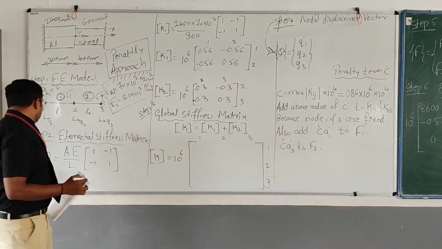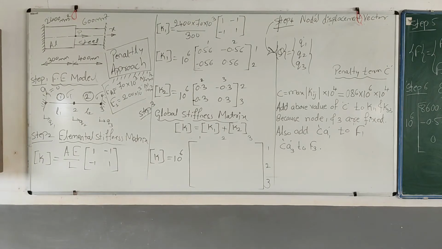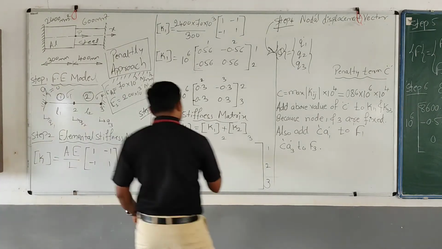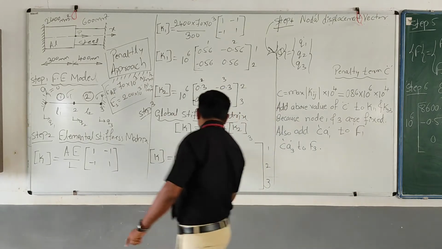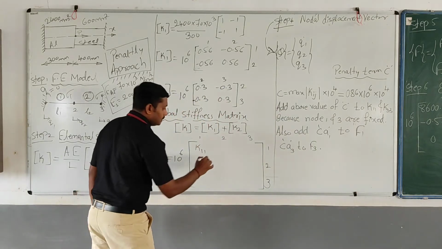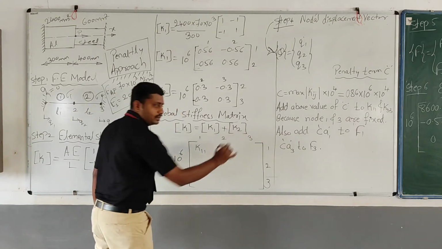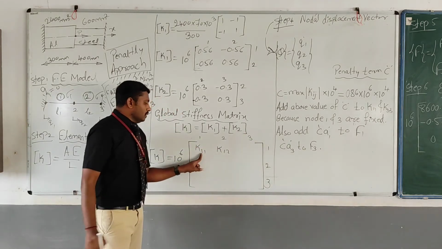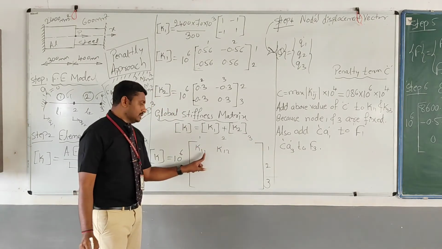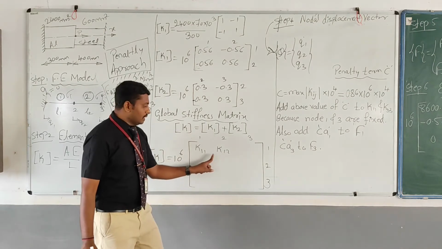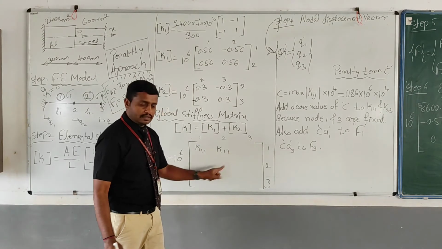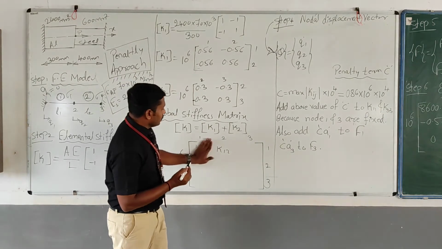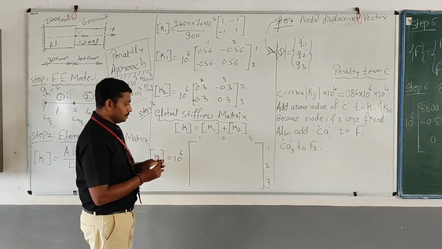Then how to write this? See, in this place the first element is K11. This is K12, K13, like this. The first suffix is nothing but the row, and the second value is the column. Here, 1, 2, row number 1, and the second is the column number, like this.